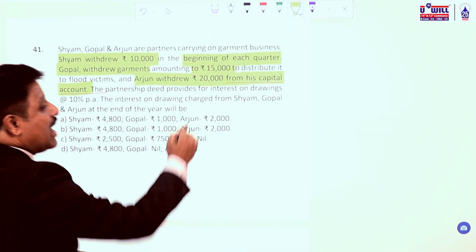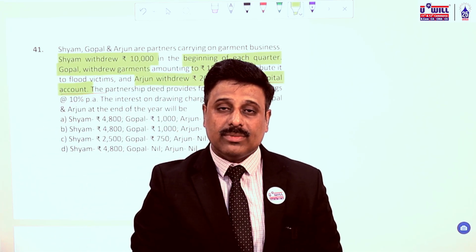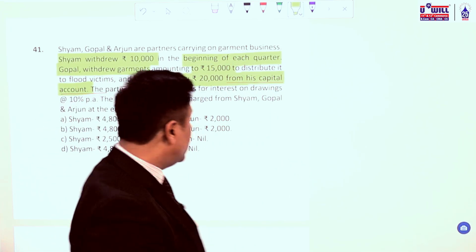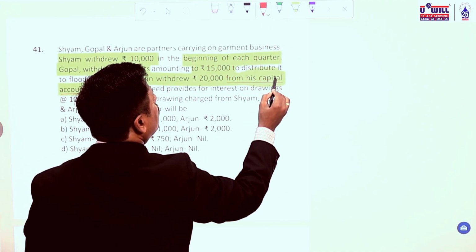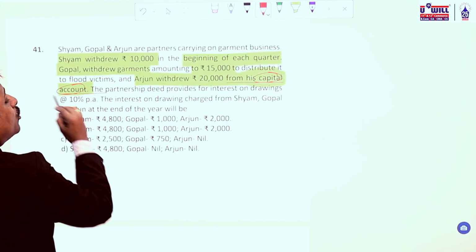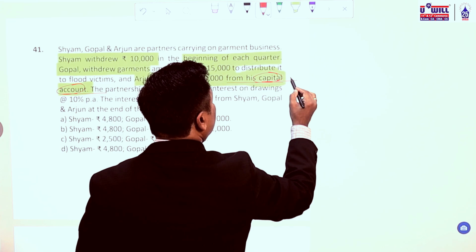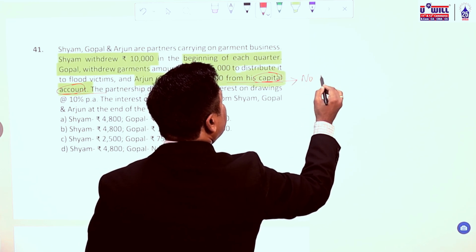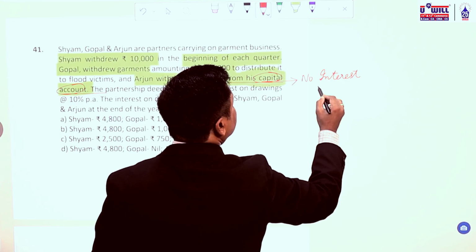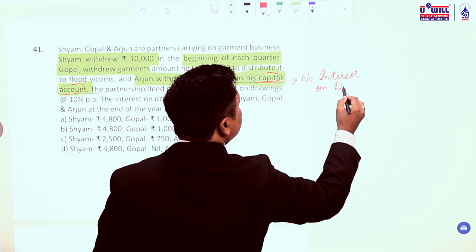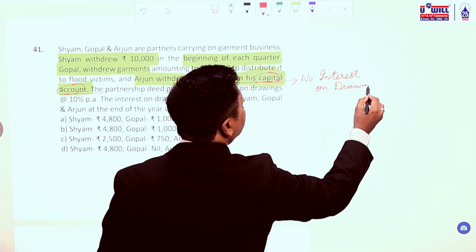Gopal's garments of 15,000 are again assumed to be a withdrawal from the profits. But in case of Arjun, it is clearly given that he is withdrawing this amount from his capital account. Whenever you withdraw money from the capital account, no interest will be charged on drawings.